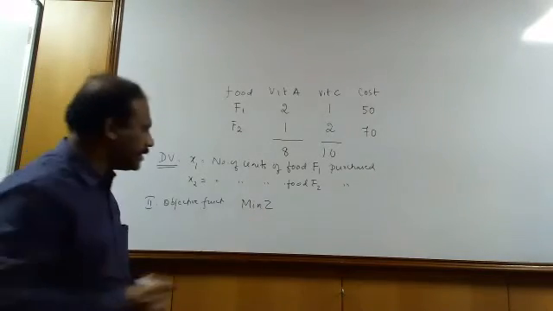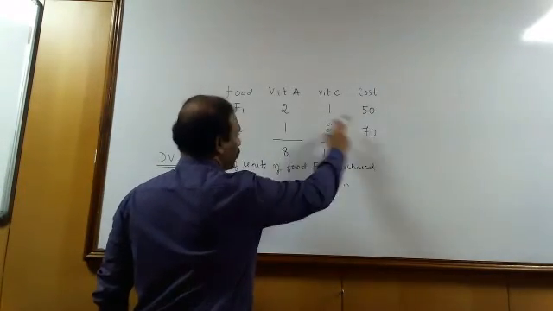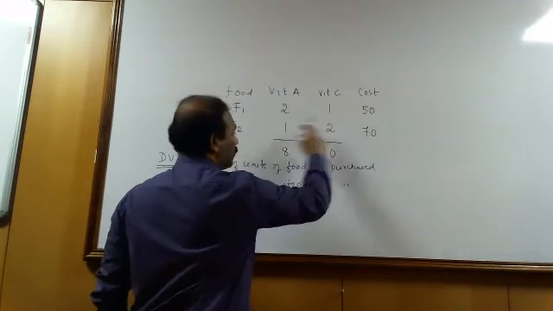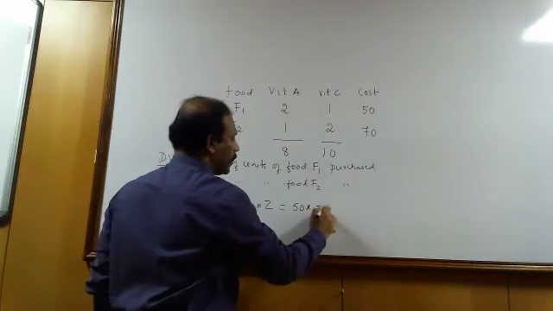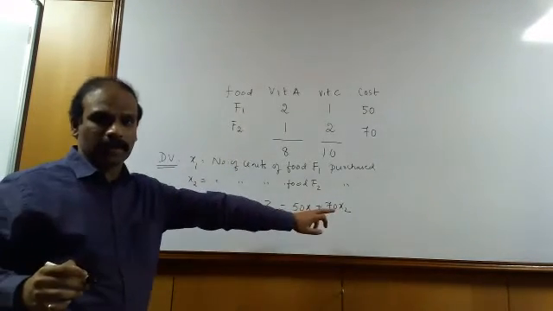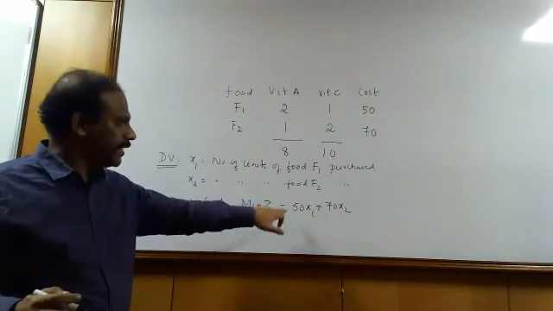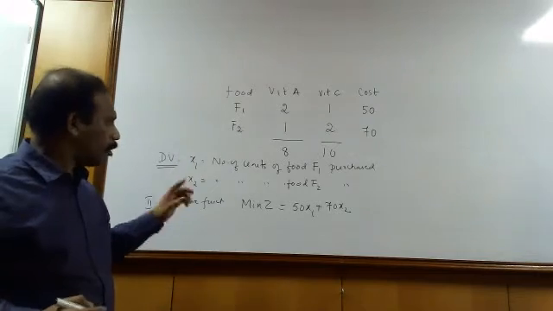So min z is equal to, you can see that the cost of each F1 and F2 is clearly given to you. For F1 it is 50 rupees and for F2 it is 70 rupees. So I can write it as 50x1 plus 70x2. Now when I substitute the values of x1 and x2, I should be able to get the answer. So this 50x1 plus 70x2 is your second step, which is called the objective function.